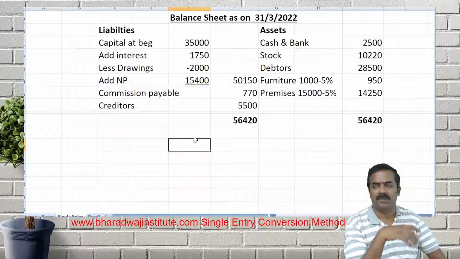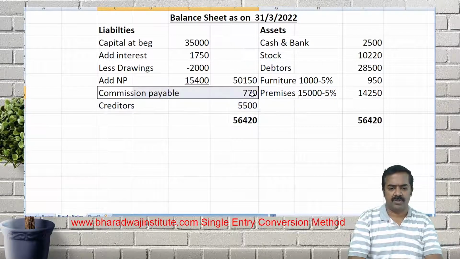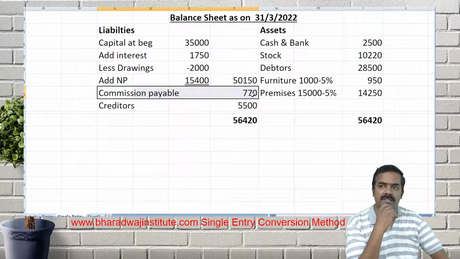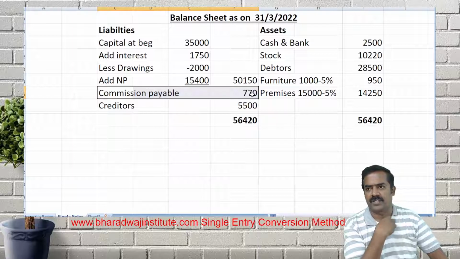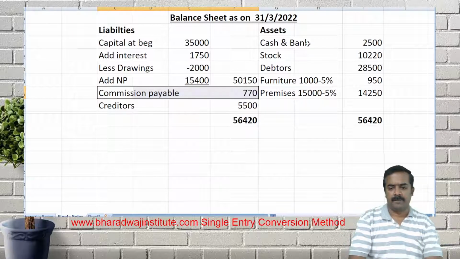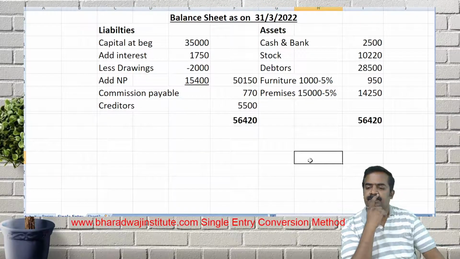Maybe one or two areas, maybe the commission calculation might cause trouble. And we cannot prepare the opening balance sheet as the first step itself, because what is missing? Opening cash and bank balance is missing. Opening is an OD balance, closing is a normal balance.